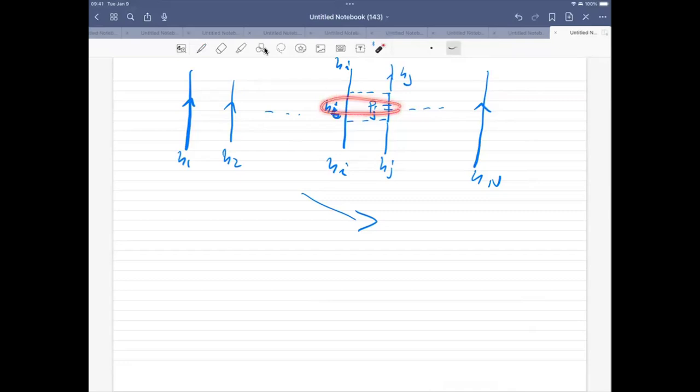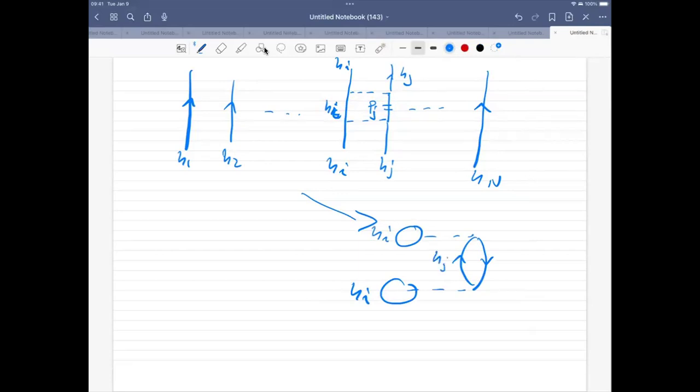So this could be a diagram which looks like this, where we have the particle-hole intermediate excitation here, and then we would have this closed line because we are summing over the states H of I. This could be an H of I here, and then finally we would have an H of J in here and a P of J here.